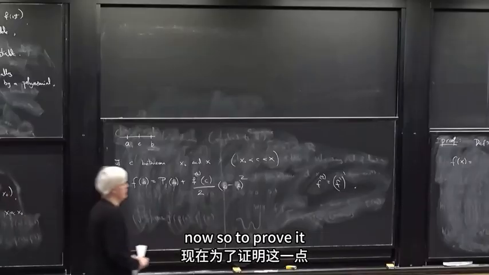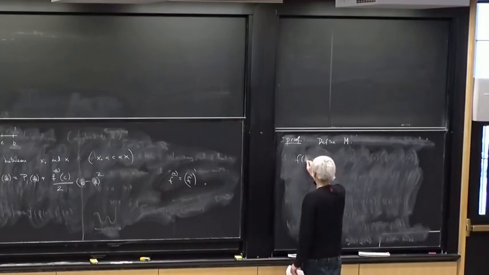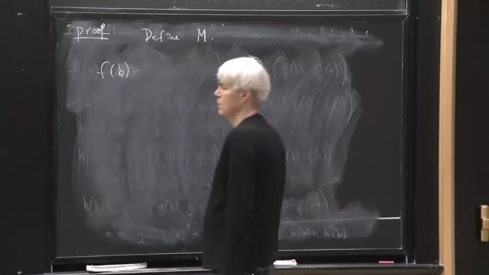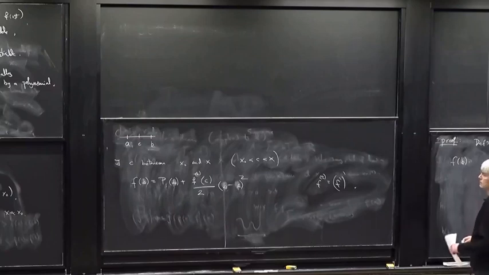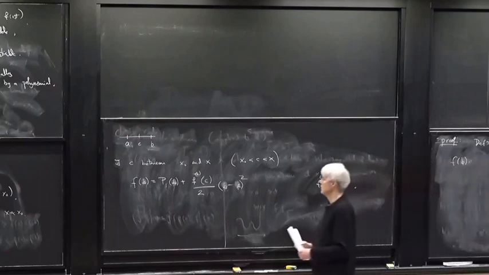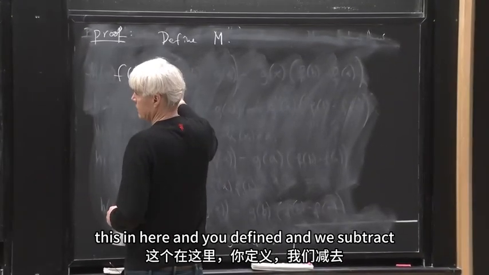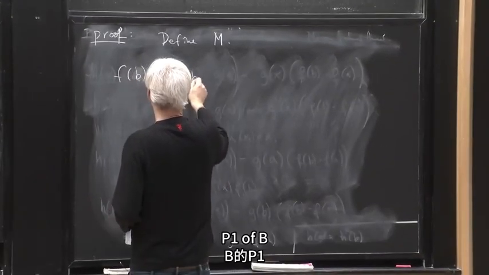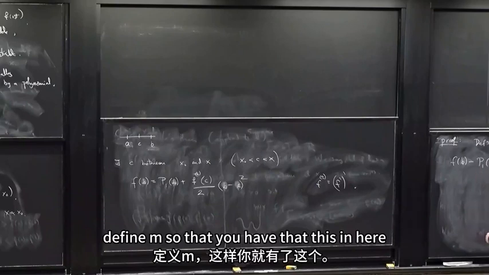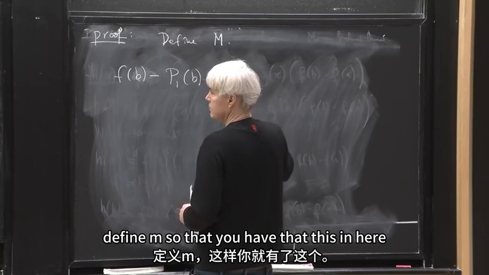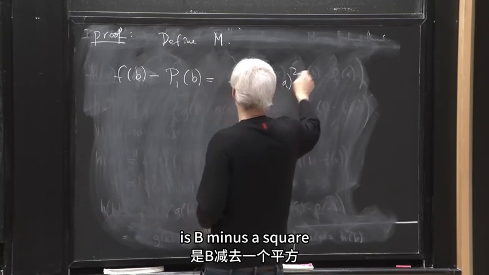Now, to prove it, we look at this thing here, and we subtract p1 of B, and we define M so that this thing here is M over 2 times B minus A squared.